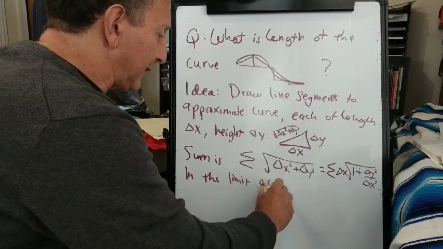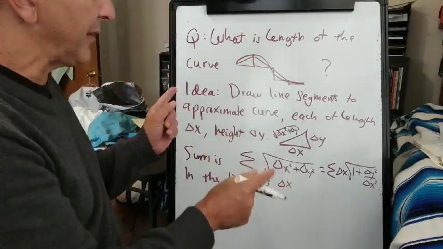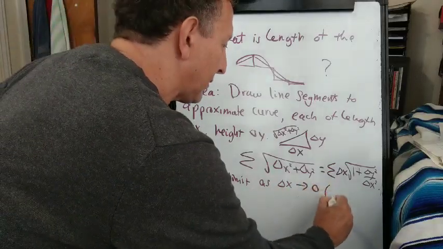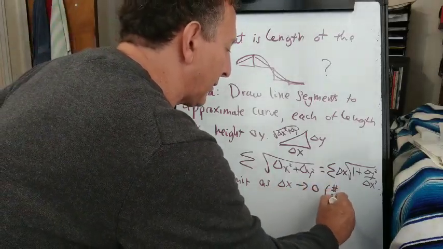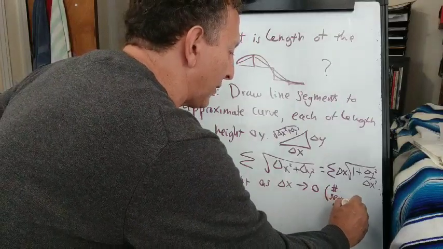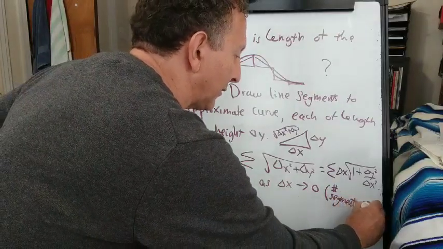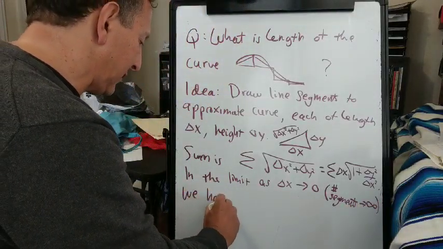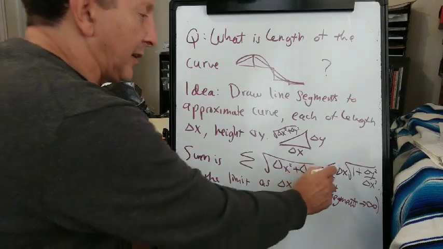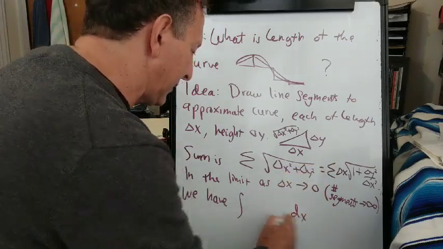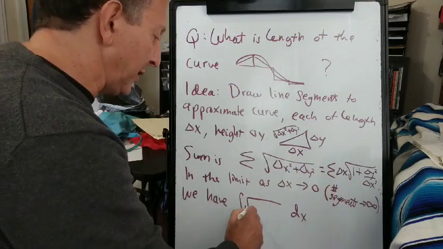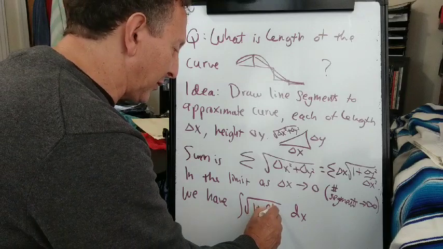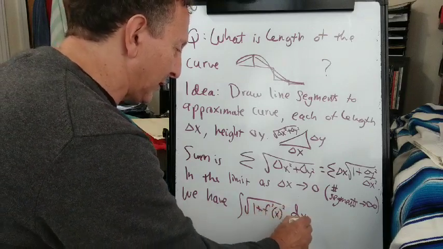Now in the limit as the length of the segments goes to 0, or the number of segments goes to infinity, we have an integral. This delta x is going to turn into a dx, and what's inside the square root becomes 1 plus dy dx squared. So 1 plus the derivative of the function squared.